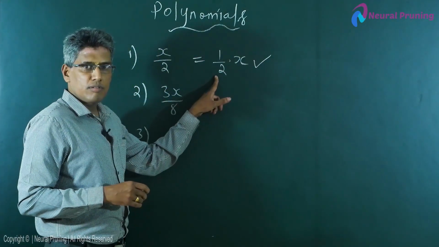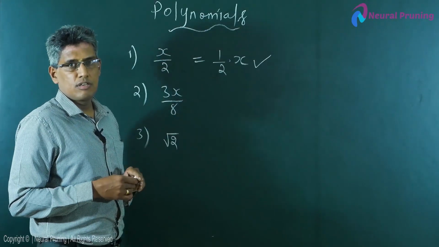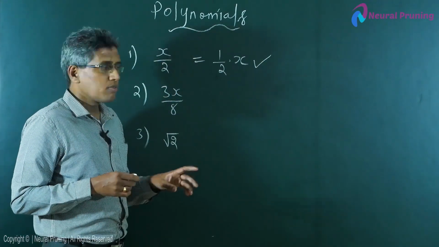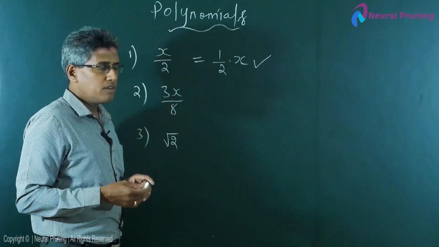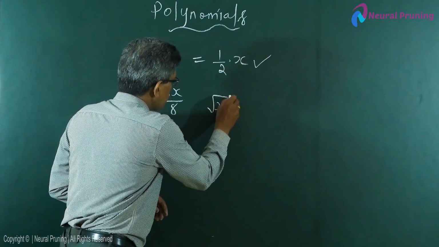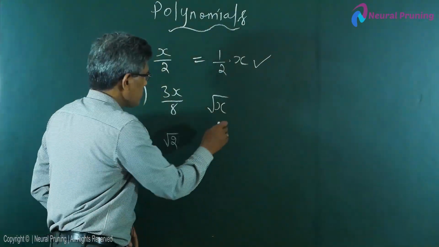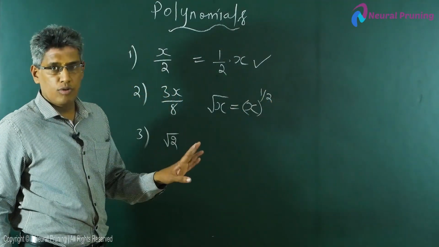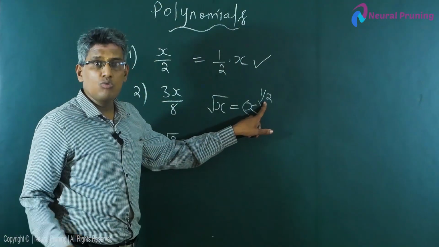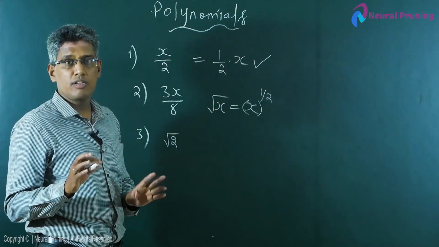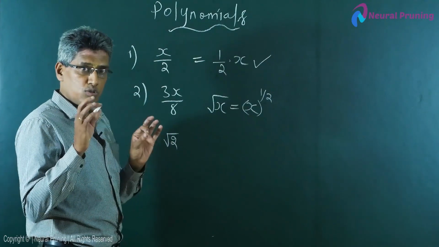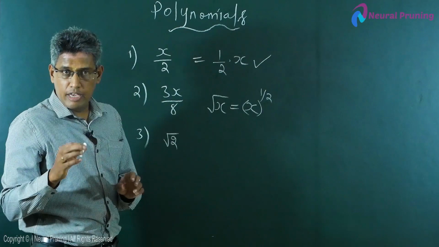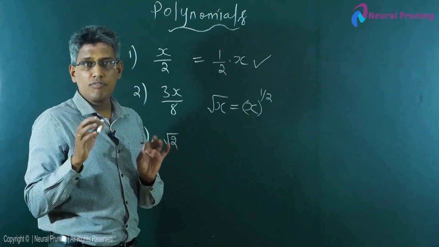Okay, in the example that we have just discussed, some of the students could get confused. Now in the earlier example, I think it was root x and I had written it as x raised to the power 1 by 2. Okay, so now 1 by 2 as an exponent of a variable is not permitted. So you have to be clear on this. This exponent can only be positive integers.